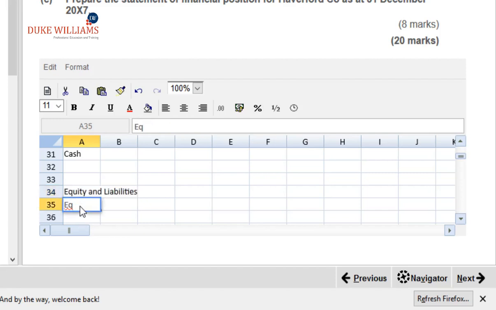Start with equity, then we have our share capital, our retained earnings, we have our OCE, which is the other components of equity.